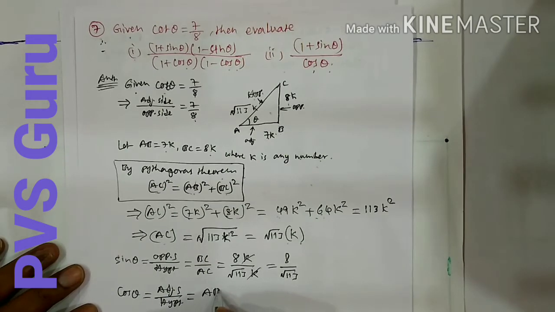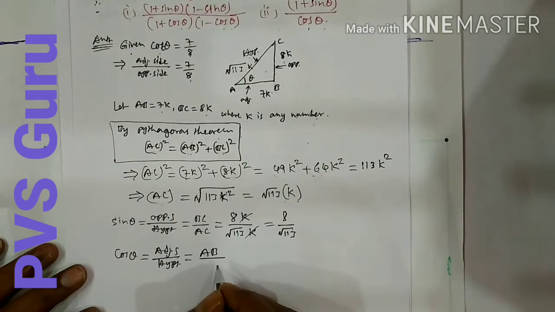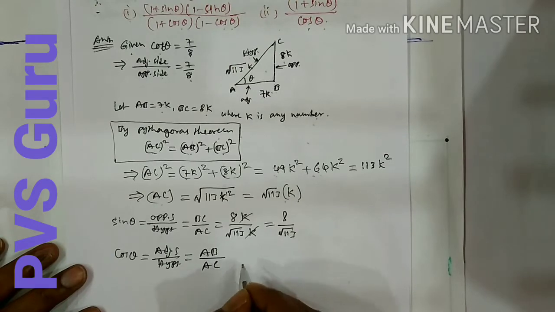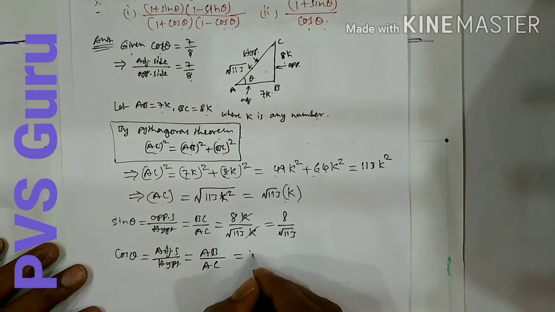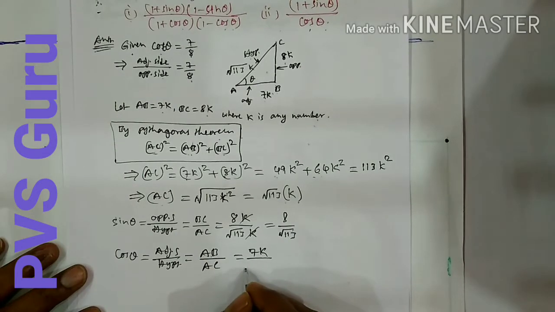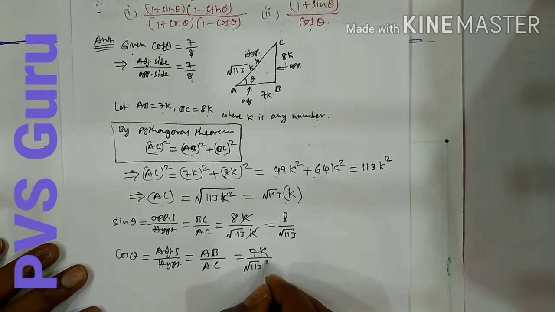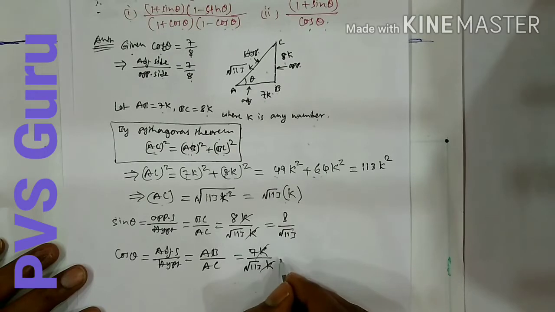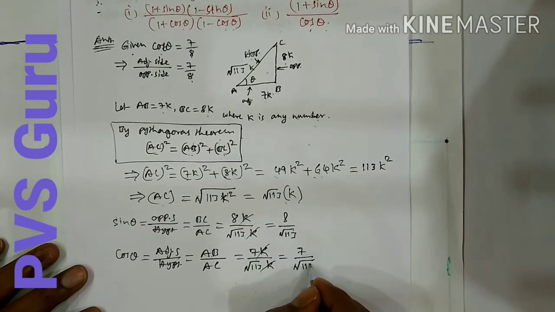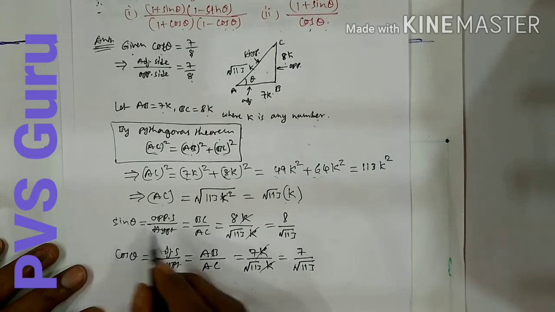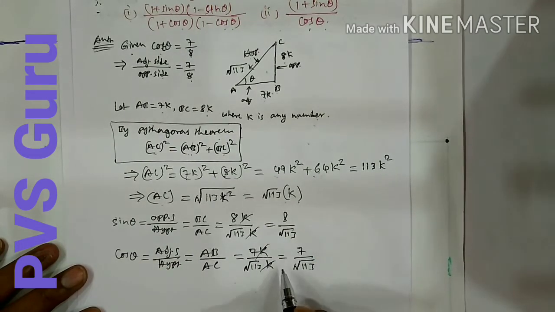Adjacent side is AB by AC, which is 7K by root 113K. K gets cancelled, 7 by root 113. So sin theta is equal to 8 by root 113 and cos theta is equal to 7 by root 113.